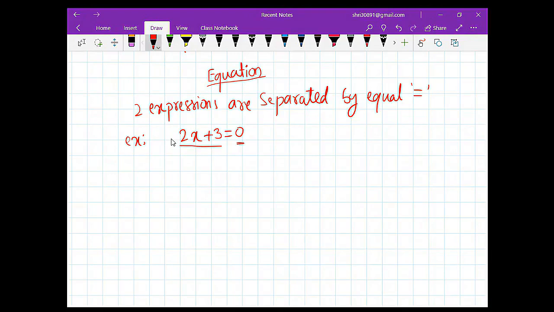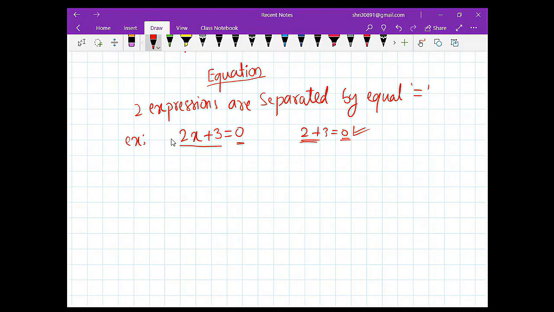If we have only 2 plus 3 is equal to 0, then it is not an algebraic equation. It is only a numeral equation. Why? Because there is no variable in either expression.